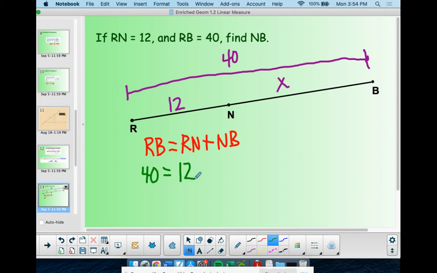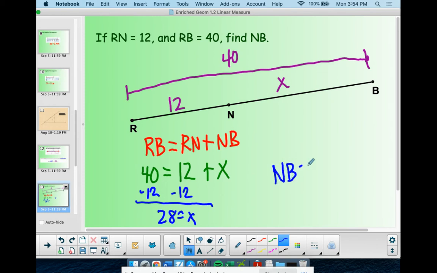RN, they told us, is 12. And we're looking for NB. Now you have a really simple linear equation to solve. I want to get x by itself by simply subtracting 12. If I subtract 12, we get that x equals 28. So NB equals 28. And then we're done.